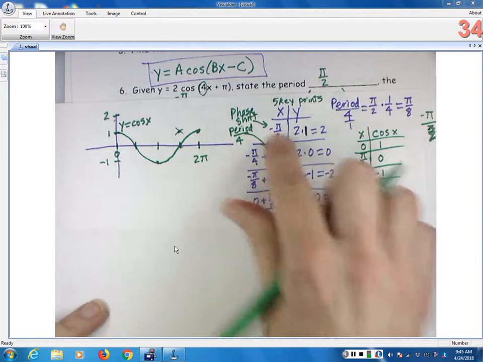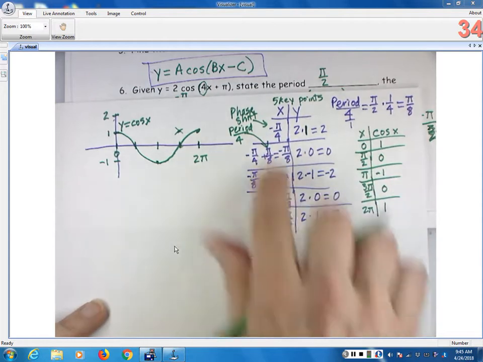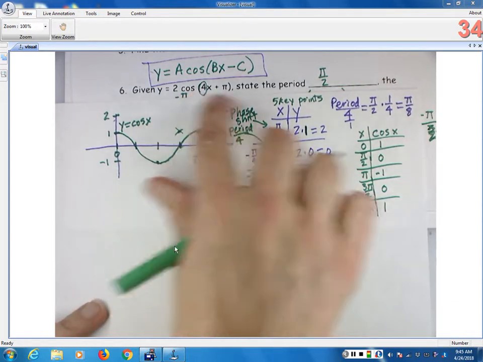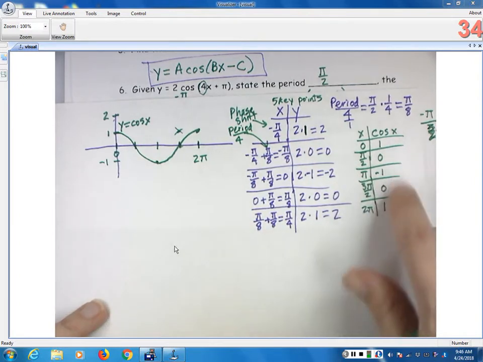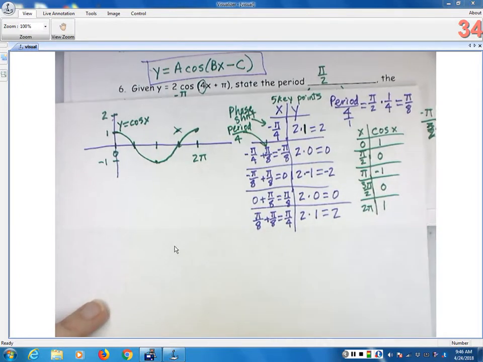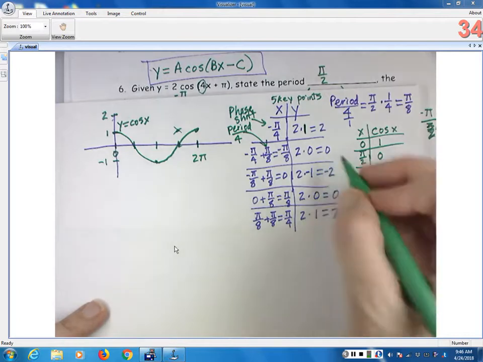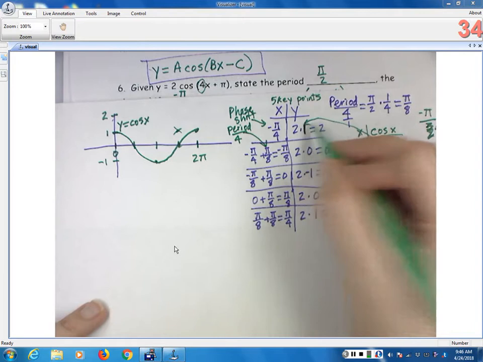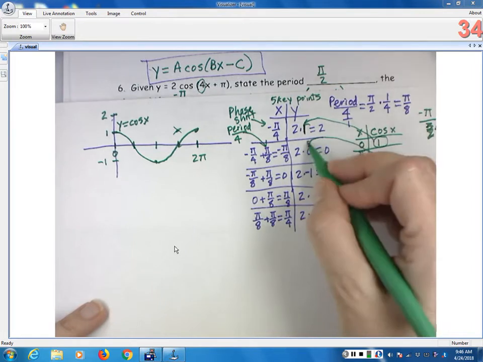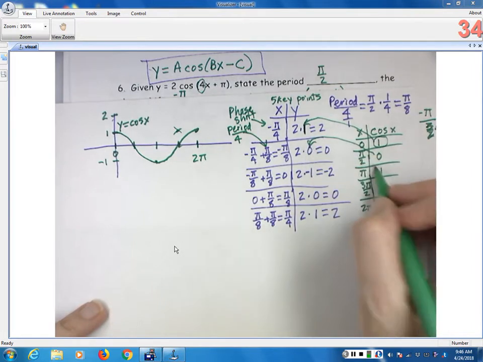At these points, just a plain cosine of 4x plus pi will be 1, 0, negative 1, 0, and 1. But now because they have an amplitude of 2, we're going to multiply it by 2. So this is where I got these. I got the 1 from here, the 0 from here, the negative 1 from here.